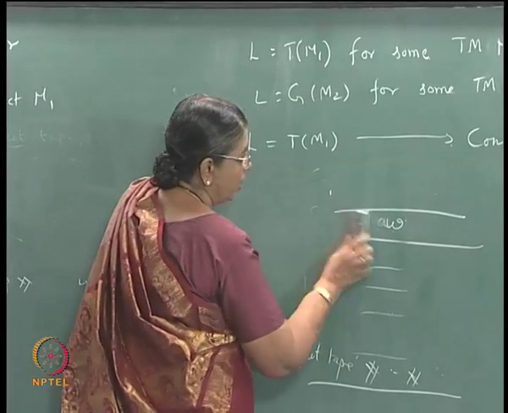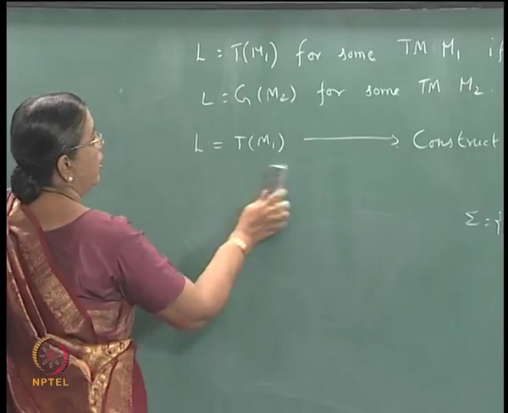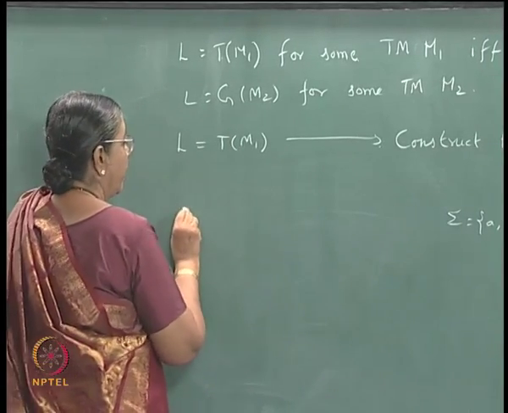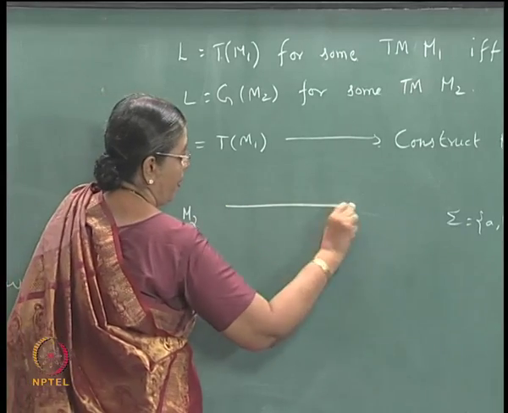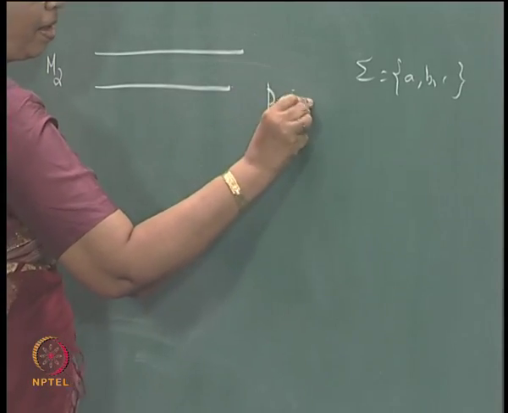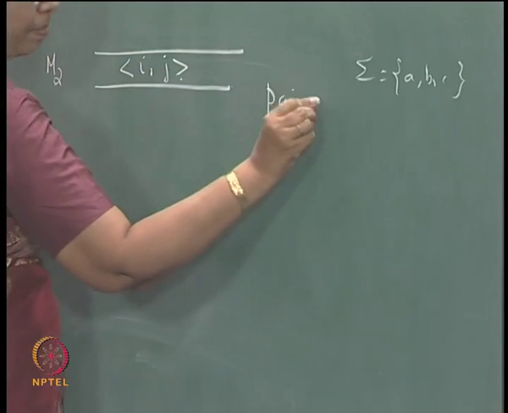So, what this machine M2 does is, M2 has one tape where pairs of integers ij are generated.